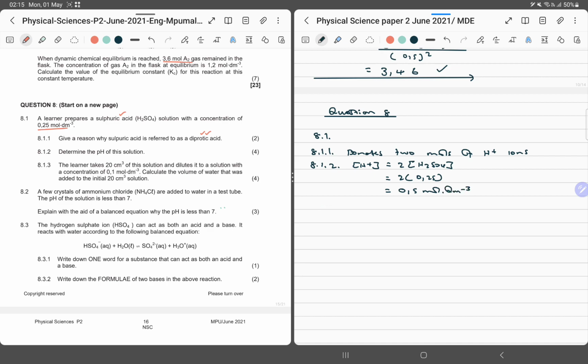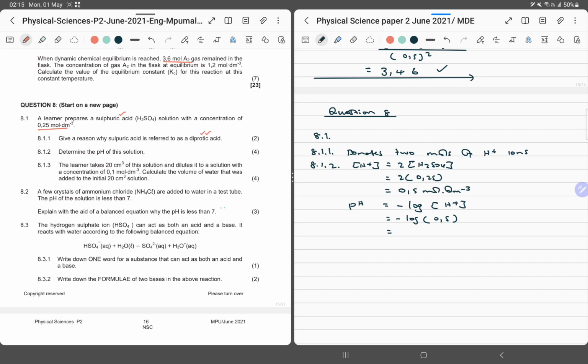We know that pH is equal to minus the log of the concentration of the hydrogen ions, which is minus log 0.5.